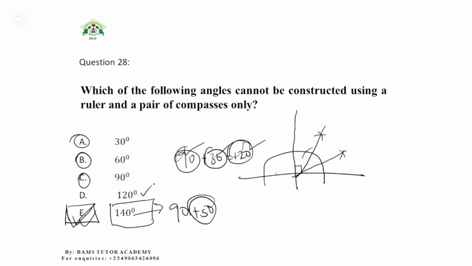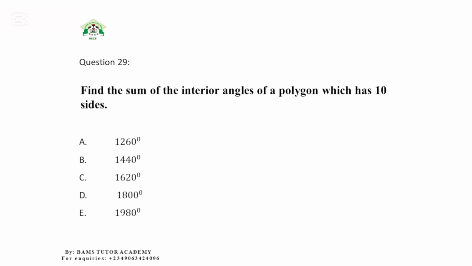So let's see question 29. Find the sum of the interior angles of a polygon that has 10 sides. Just like we've written earlier, you're still going to use that same formula. Can you remember? N minus 2 times what? 180. Good. So in this case, n is the number of sides.